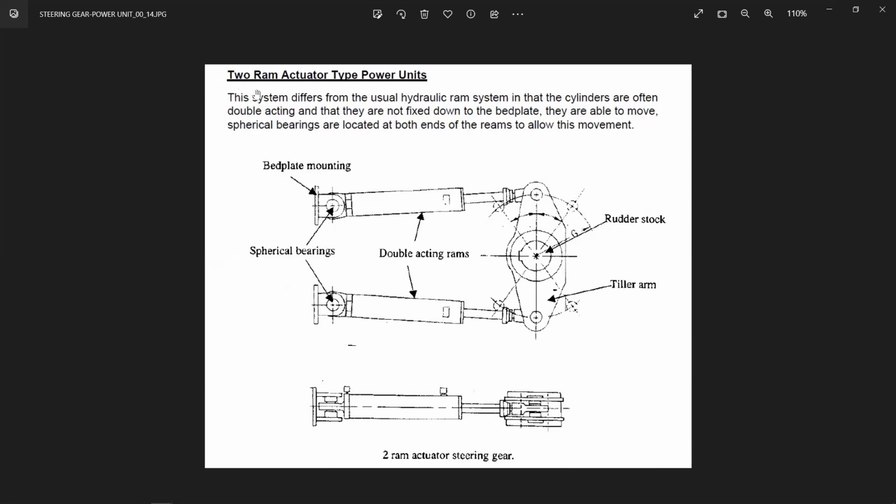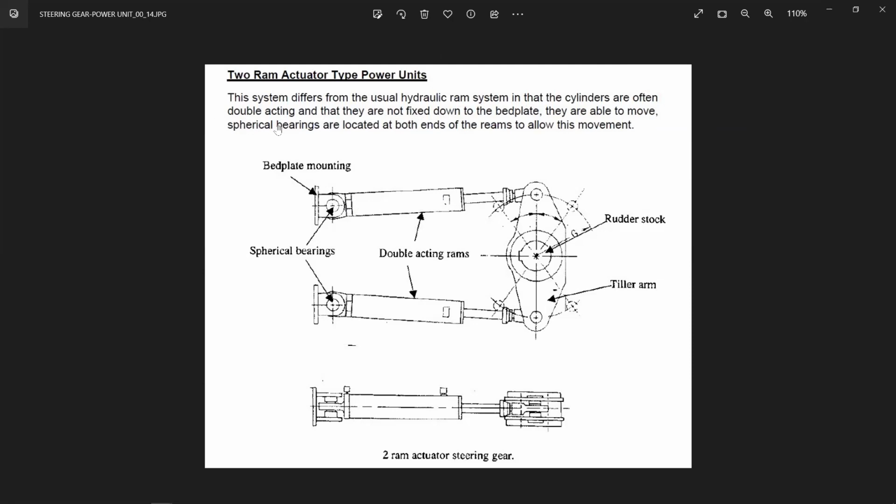Okay. So this system differs from the usual hydraulic ram system in that a cylinder is often double acting and they are not fixed down to the bed plate. That means the cylinder is double acting and they are not connected to the bed plate. That means this entire thing will be moving left and right as required. It is not connected to the bed plate.